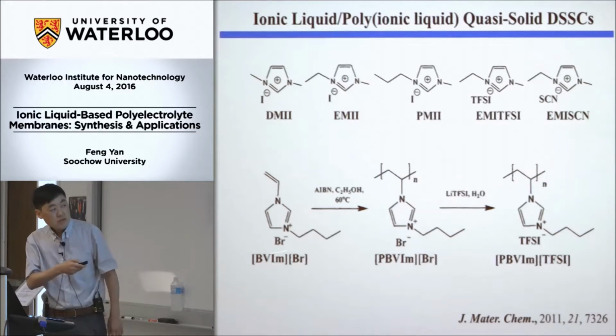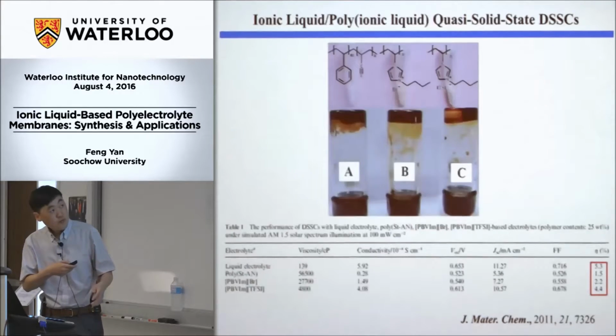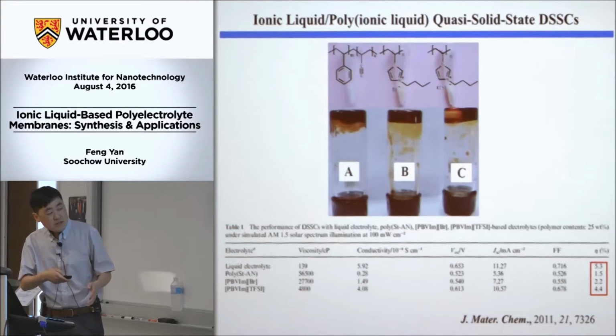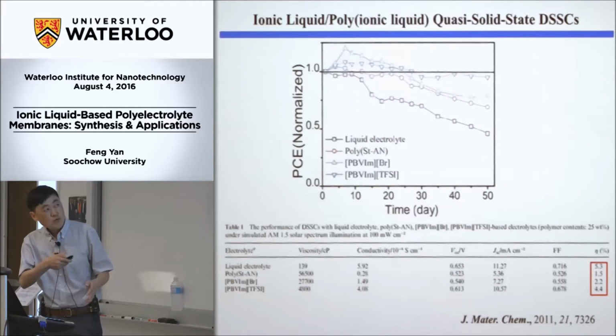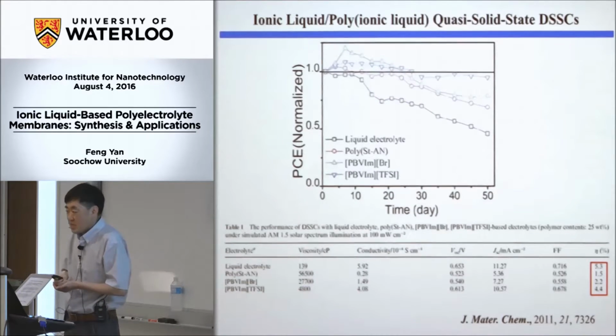This is the polyionic liquid, and this is the ionic liquid we used. We found that it can form the gel electrolyte, and the stability of this kind of device is good compared with the organic solvent electrolyte.